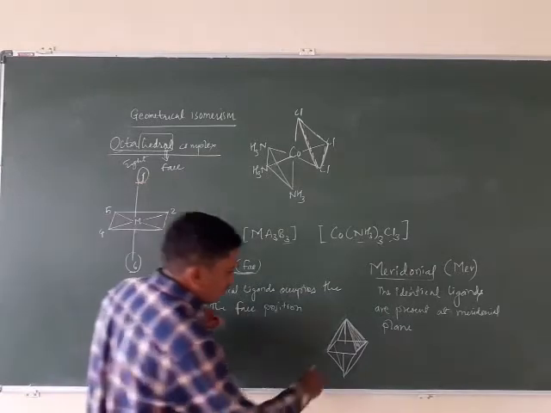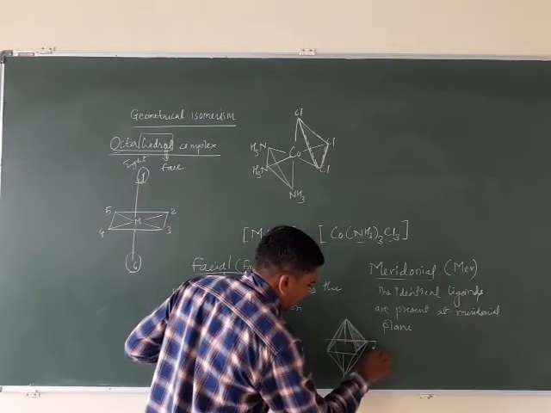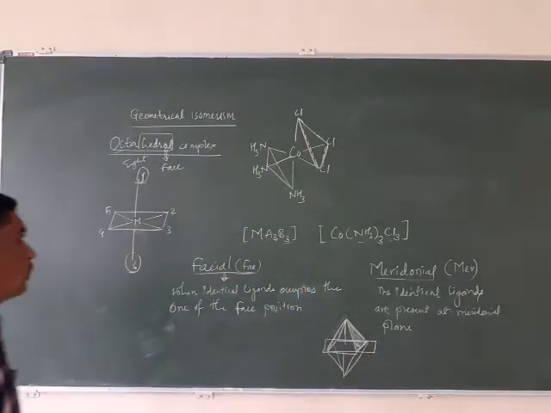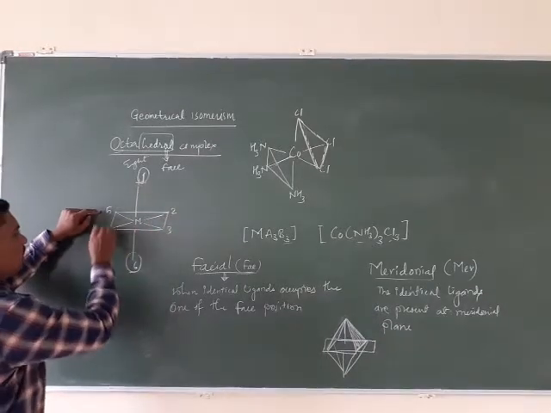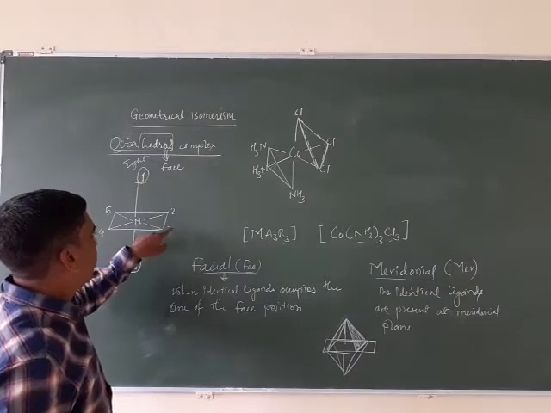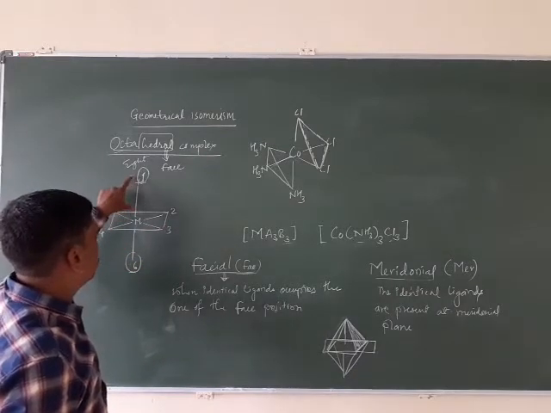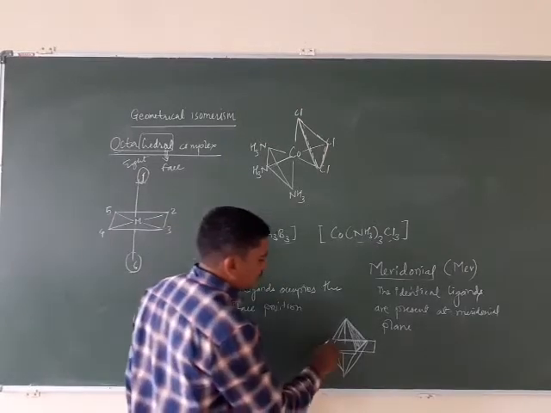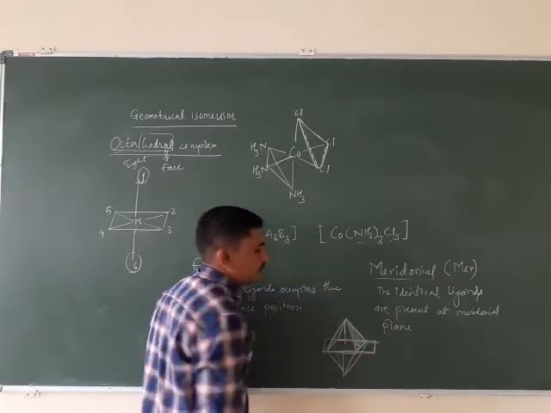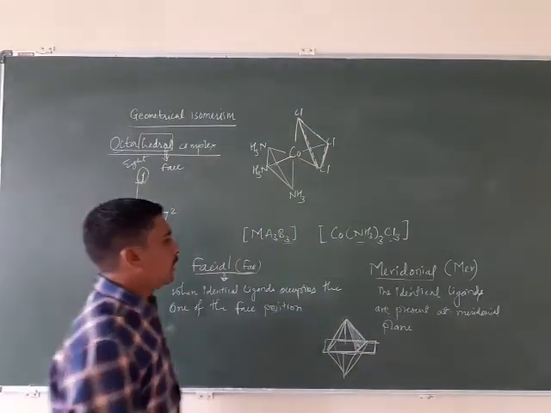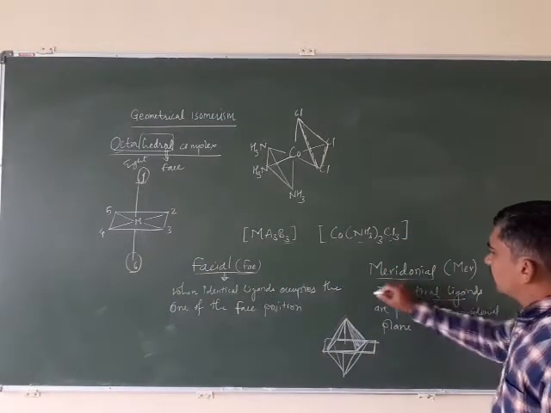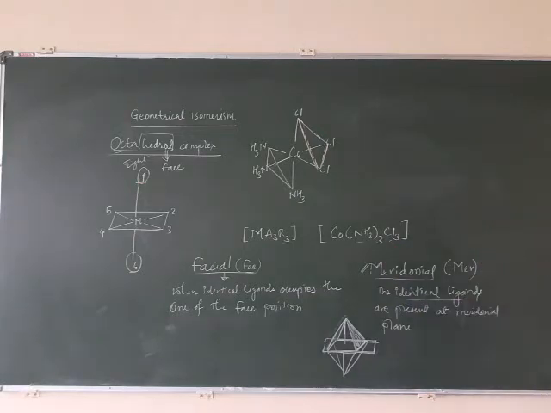If you draw a plane passing through these 4 points of the octahedron, 1, 2, 3, 4, cutting this octahedron into equal halves, this plane is called the meridional plane. It passes through the center of the geometry. If identical ligands are present on this plane, we call it meridional.